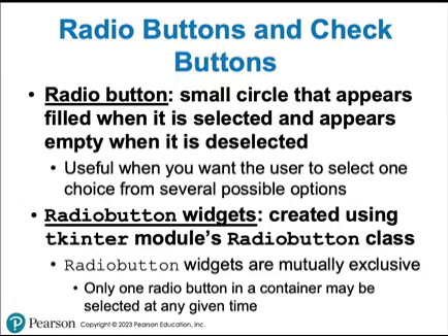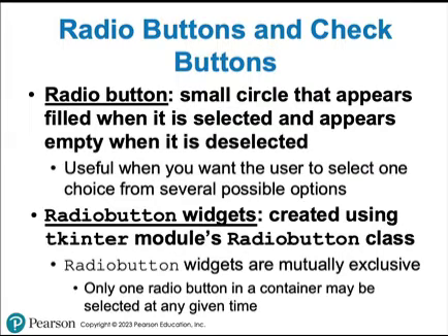Okay, here we're talking about a couple of things that we can have. The first is radio buttons. Radio buttons are little circles that have kind of a common theme, if you will. Down at the bottom it says they're mutually exclusive, which means only one radio button can be chosen at a time. So an example of this might be a window that appears and says, choose what color background you would like?